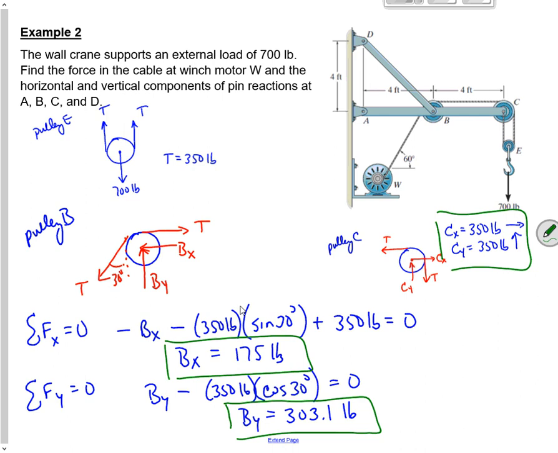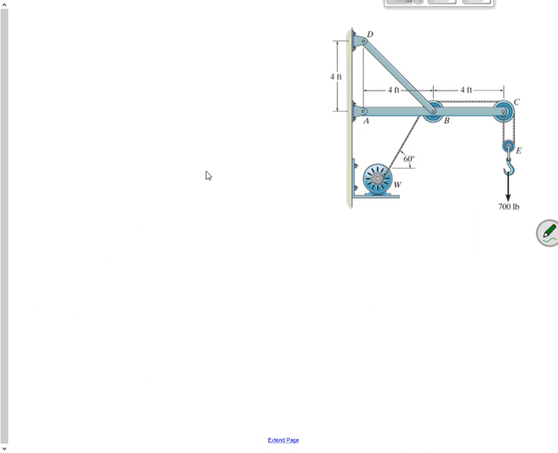They're asking for the pin reactions at A, B, C, and D. So there are pin reactions at C, pin reactions at B. I still need pin reactions at A and D, and the force in the cable at the winch motor W. Well, we found the force in the cable, so that's this one right here. So now, what are we going to do? Now let's move on.